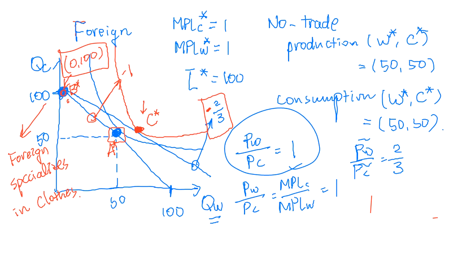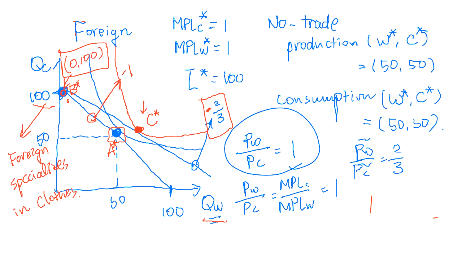But now, since there's free trade between two countries, the country will specialize in the goods they have the comparative advantage in. So from the foreign country's perspective, the industry with a comparative advantage is the clothes. The comparative disadvantage for the foreign country is the wheat. So where is the trade triangle right now?